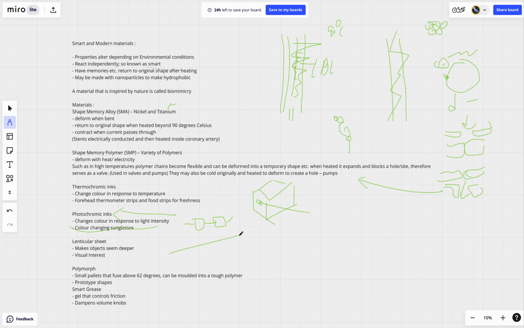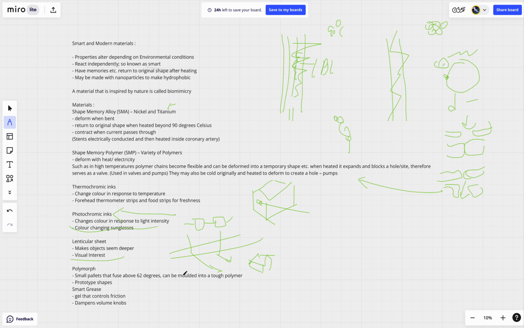Lenticular sheet is a sheet that creates some weird visual effects, causing a bit of light refraction, like water, to cause some objects to appear deeper than they actually are. It is just used to create visual effects. Maybe if you have been to some museums, you would see those.